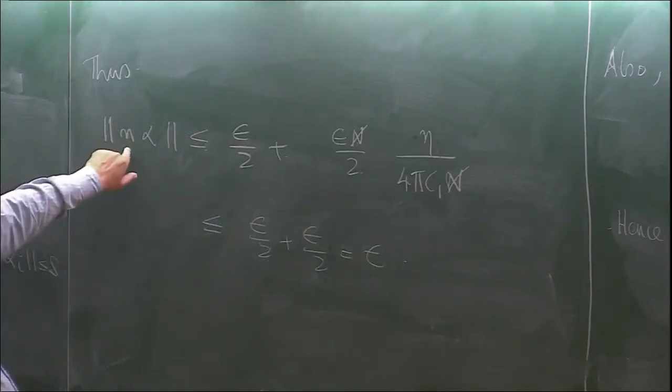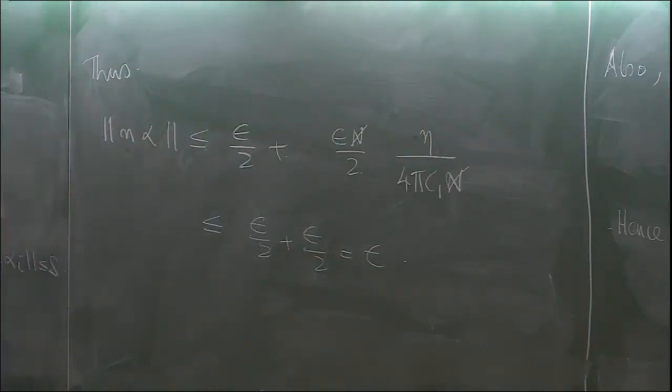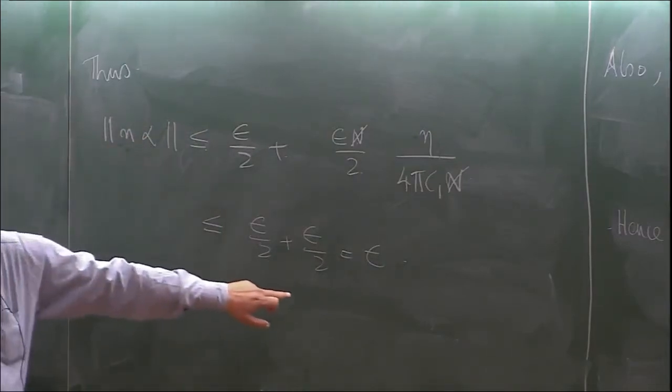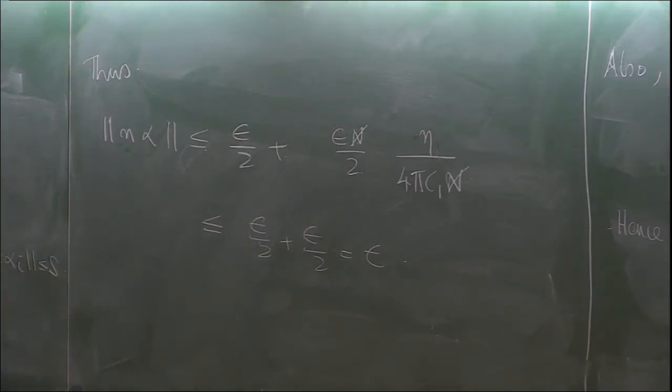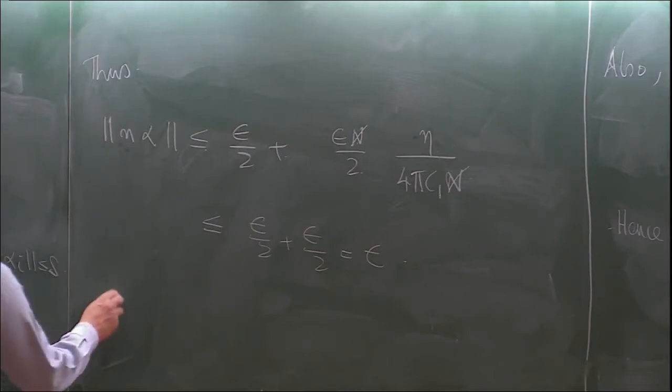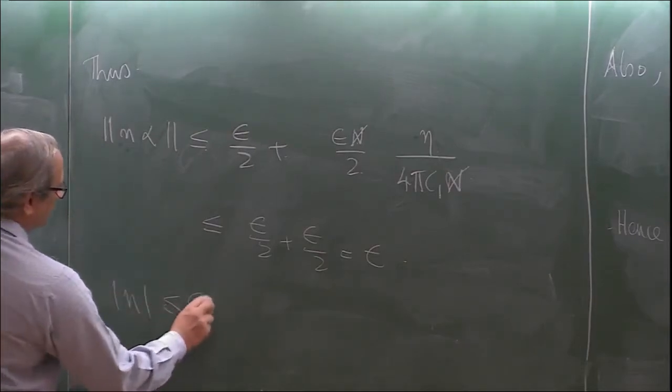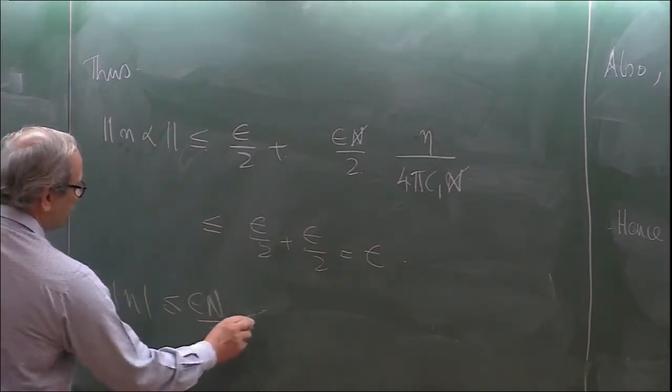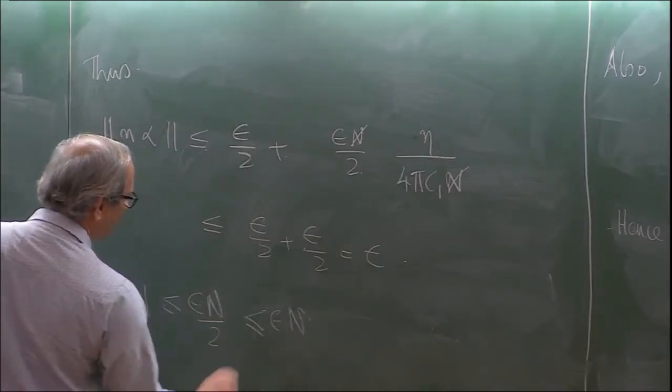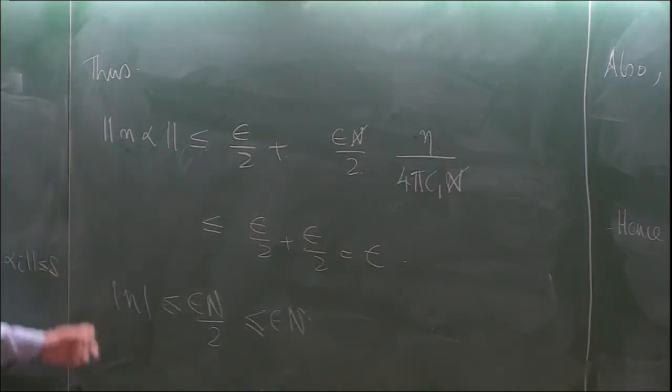So that tells you that any n in this set, n times alpha for any alpha in this set is less than or equal to epsilon. Also, because n belongs to this set, and we have used this fact already, we have that n in absolute value is less than epsilon by 2 N, which of course is less than epsilon N. So n satisfies both the conditions that are required to belong to this Bohr set, and we are therefore done.